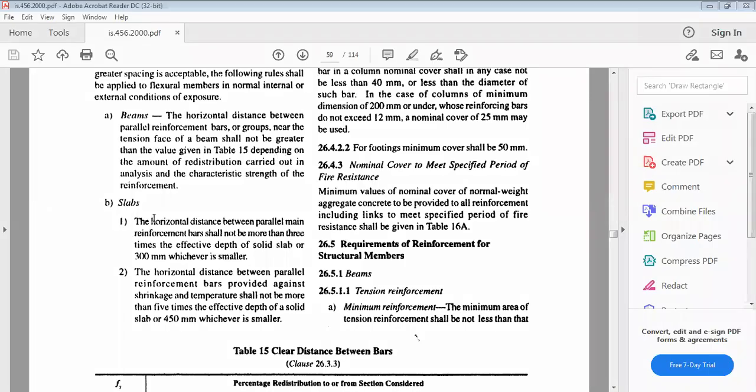Now, there is one more thing. This is for beams, the horizontal distance, this here.